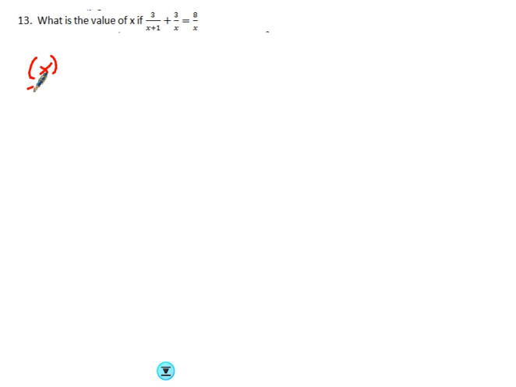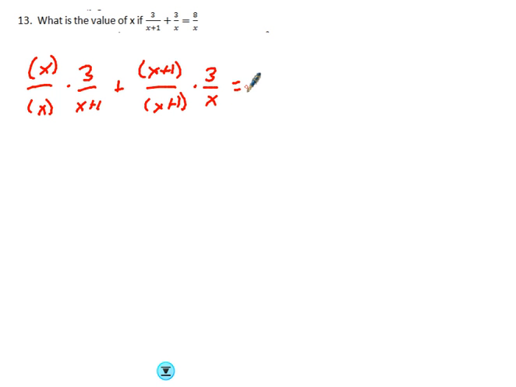So I'm going to take x over x times 3 over x plus 1 plus, now I need the x plus 1 idea, x plus 1 over x plus 1 times 3 over x is equal to, and we've got an 8, and then the denominator is x, so I need the x plus 1, so this will be x plus 1 over x plus 1 times 8 over x.